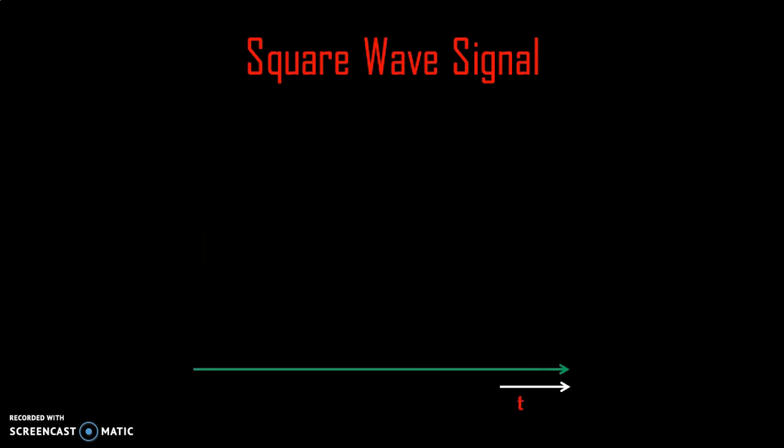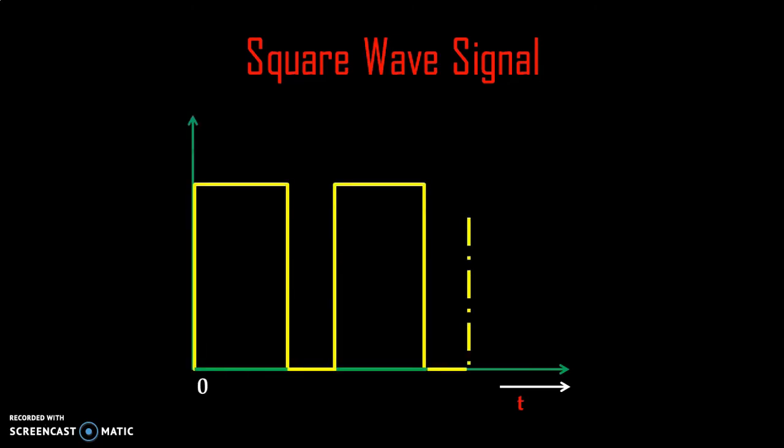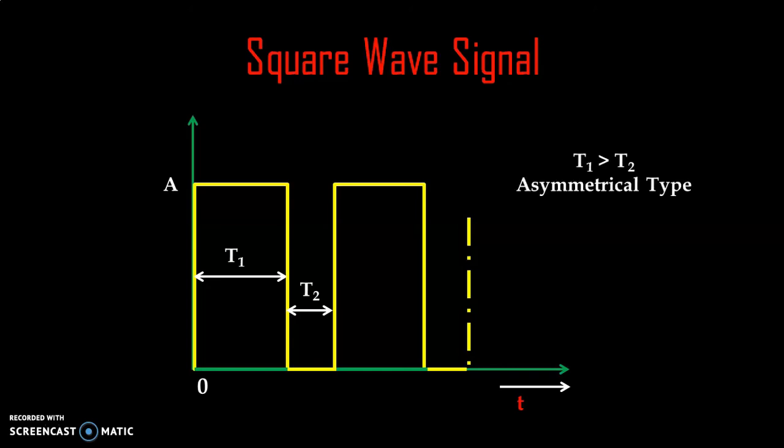In certain cases, T1 and T2 may not be equal. For example, here T1 is greater than T2, on time is more and off time of the signal is less, and that is why the signal is known as asymmetrical type.